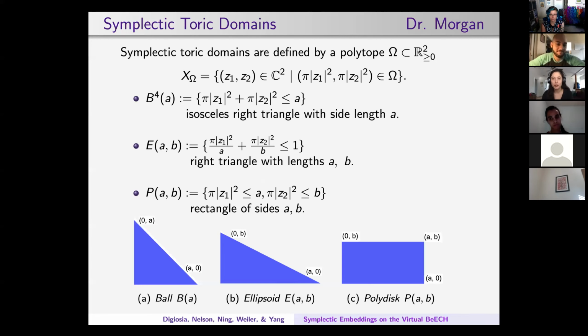The reason they're called toric is because if you look at any point in omega that's not on the axes, there's a whole torus in X omega that projects to that point, of values z1 and z2 where pi modulus of z1 squared, comma pi modulus of z2 squared equals that point in R2. One other thing to mention about these pictures is you should nestle them up against the axes, so the bottom left corner of all three pictures is the origin.